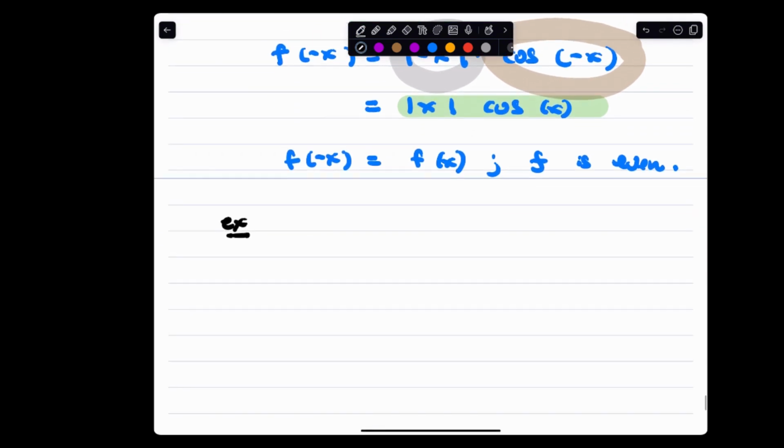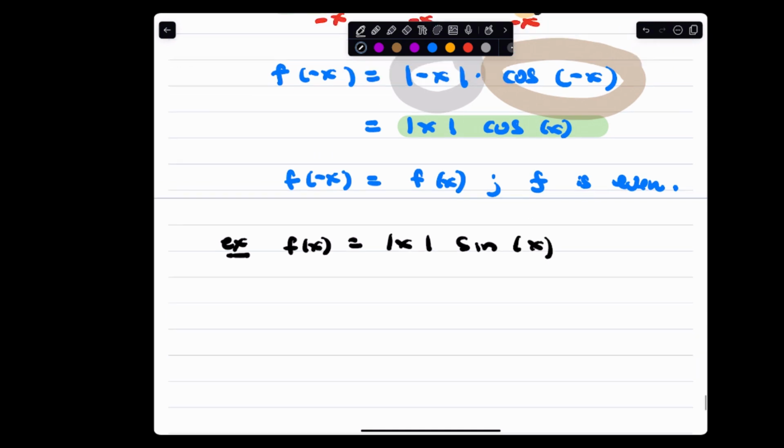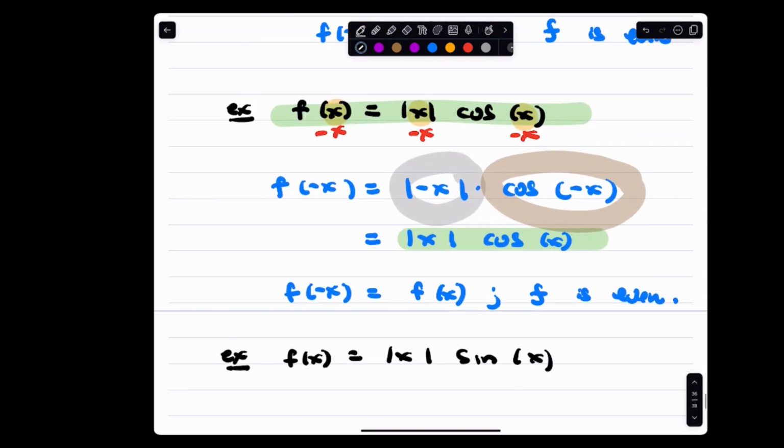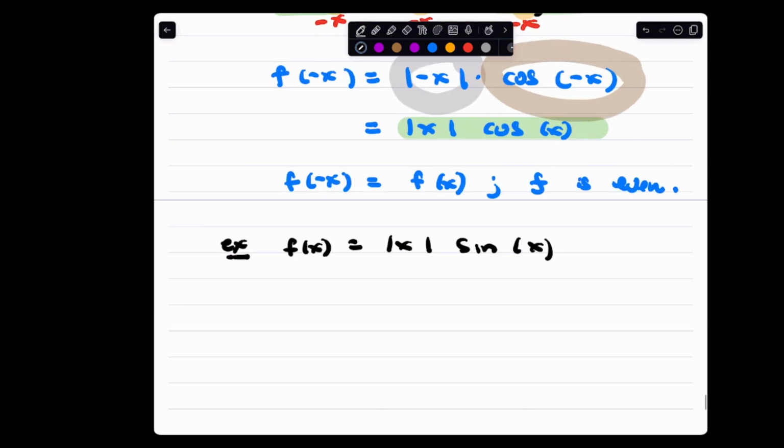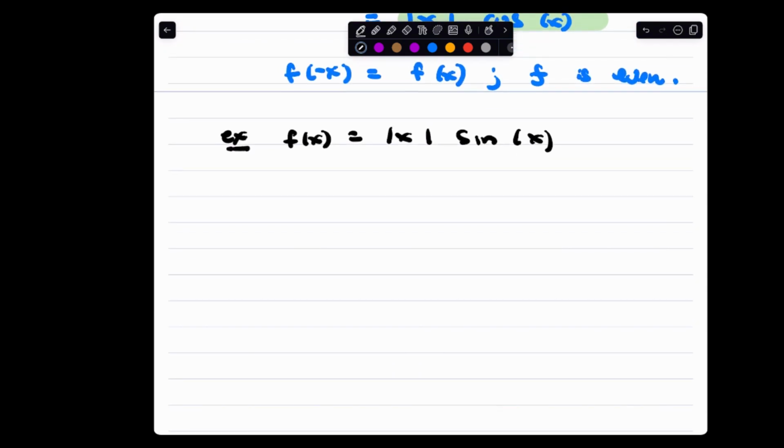So what if they gave you a function like this, just to compare and contrast? What if they change that cosine function to sine? How does this process change? Well, it doesn't. Wherever there's an x, you replace it with negative x.